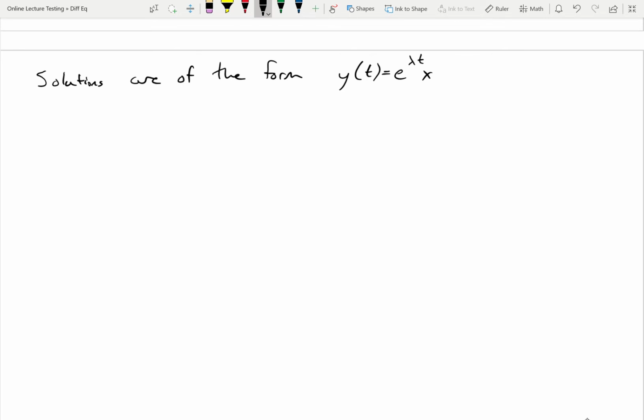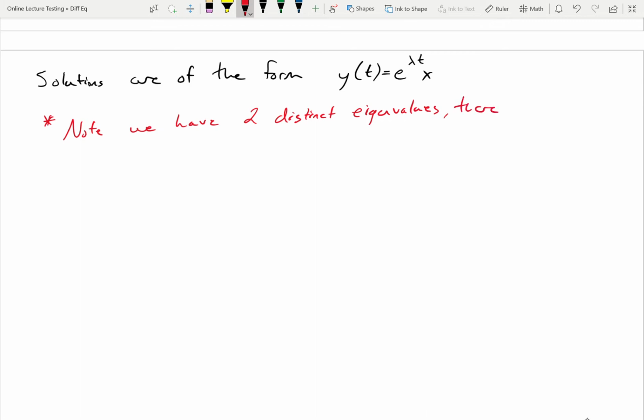So our general solution, and again, I want to make a note here. Note we have two distinct eigenvalues.